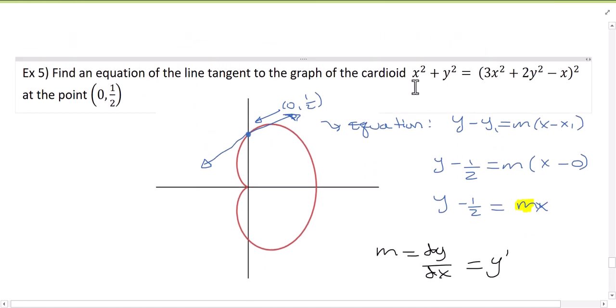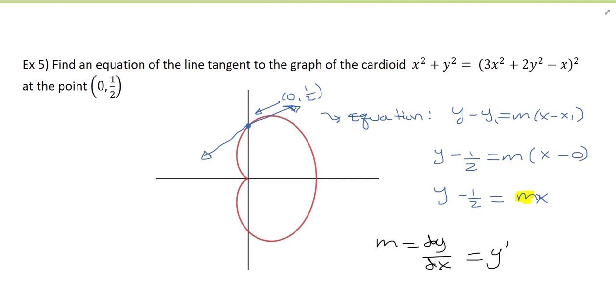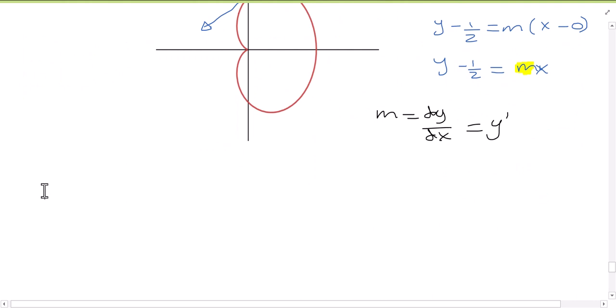Now here's our function, so let's find the derivative of y with respect to x. I'm going to copy the function there, and to find the derivative, let's take the derivative with respect to x of both sides.